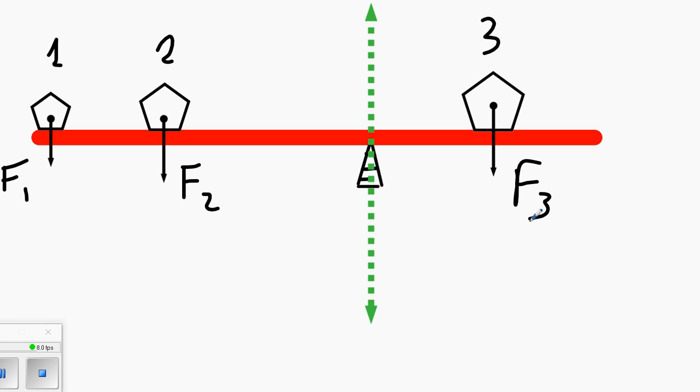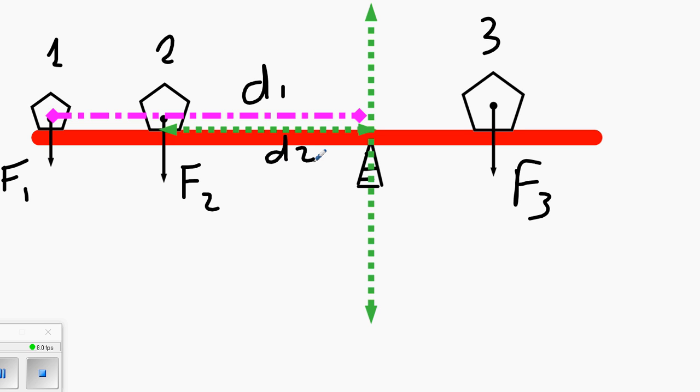Now, the object that we call 1 is at a distance that we will call, you guessed it, d1. And the object 2 is a little bit closer. It is at a distance here that we will instead call d2.